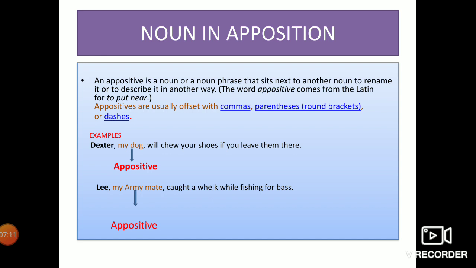Here Dexter is also a noun and my dog is also a noun. Next example is Lee, my army mate, caught a whale while fishing for bass. Here Lee is also a noun and my army mate is also a noun. So my army mate, my dog is in appositive or apposition in noun case.